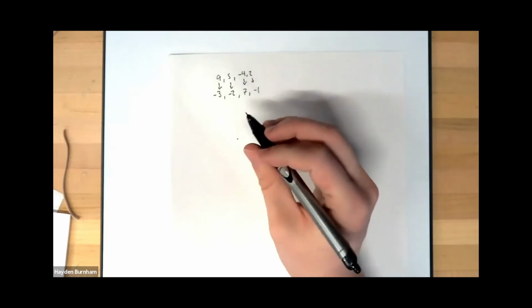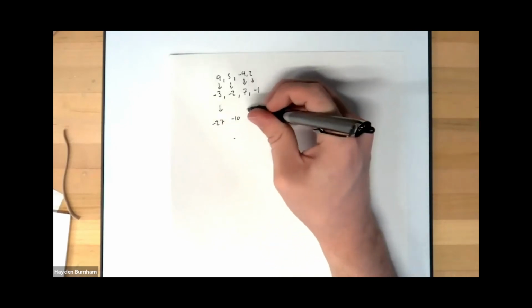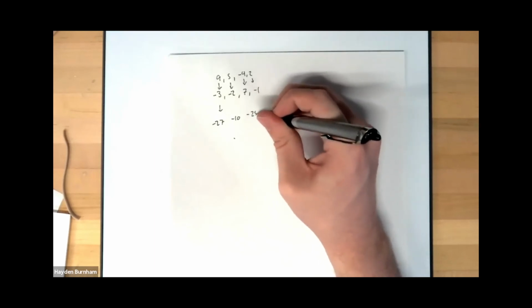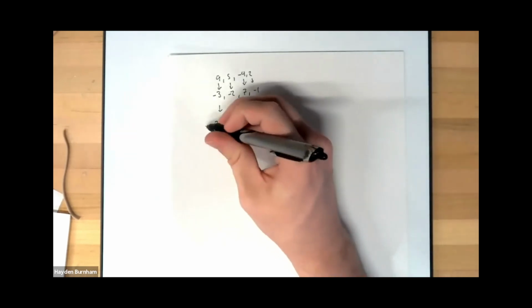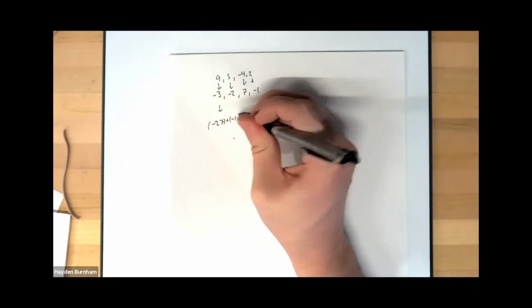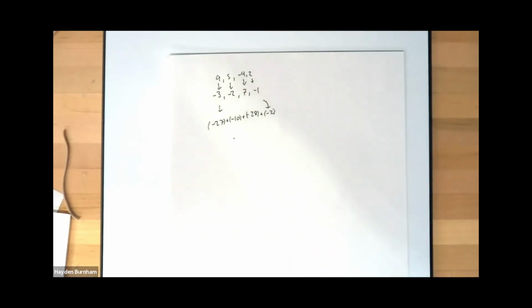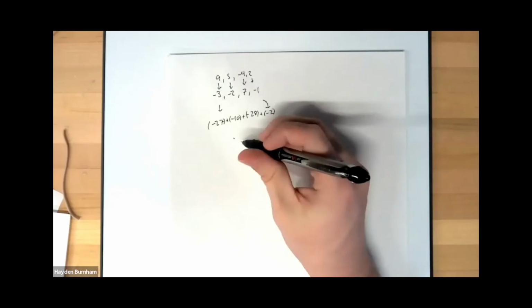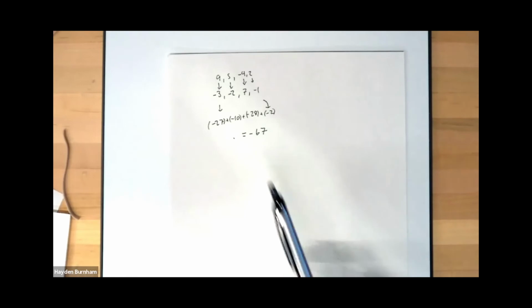That would give us -27, -10, -28, and -2. All right. And then you can just add all of these together, which I think is going to give you -67. -67. Thank you. -67. So that is the dot product of these 2 vectors.